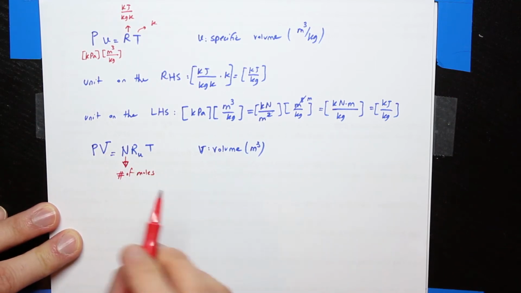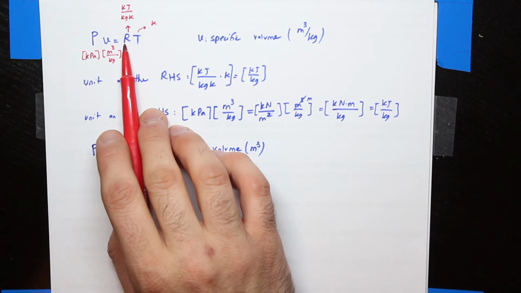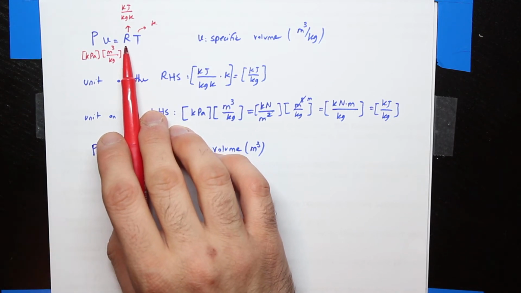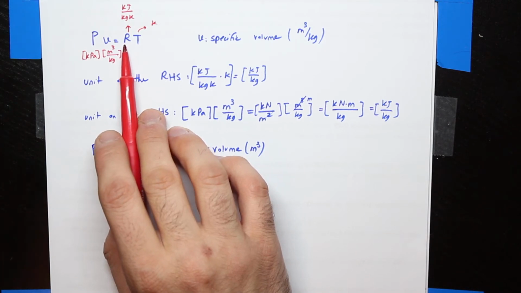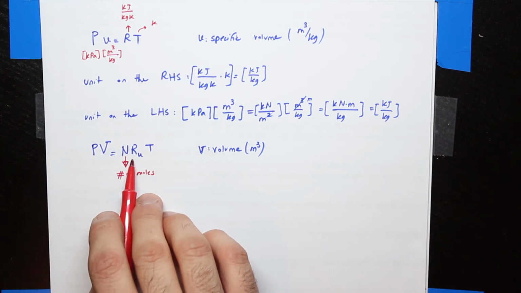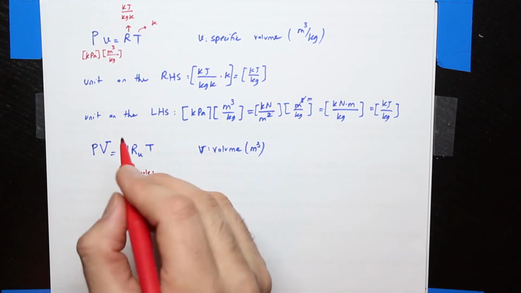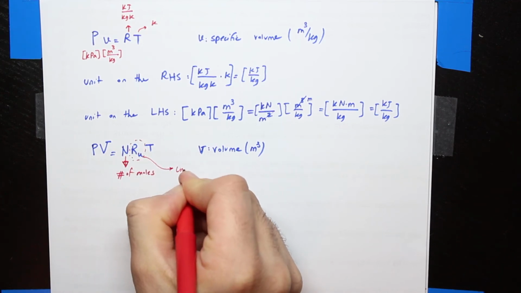This RU is different from this R. This R was the gas constant, and for each gas we have a unique R value. The R value that we have for nitrogen is different from the R value that we have for oxygen. Here, this is the universal gas constant, and it's a fixed number.